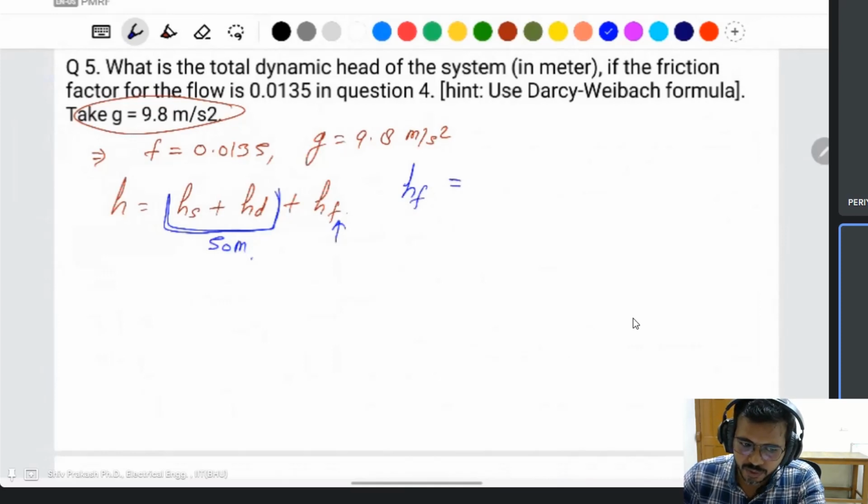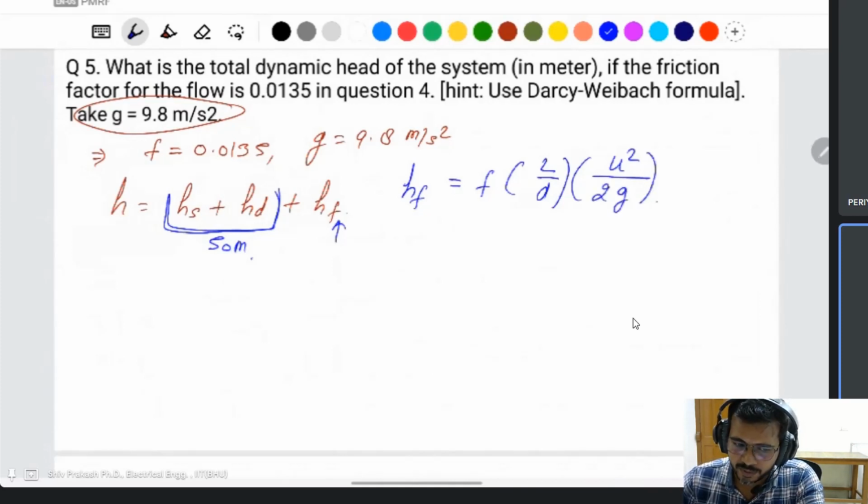HF, you know the formula. This will be f times total length divided by diameter, into u square, velocity square, divided by 2g. Length is the total length of the pipe, including the horizontal pipe also.